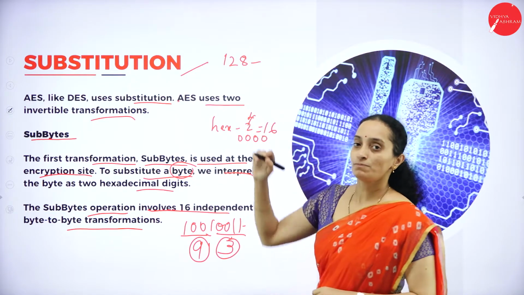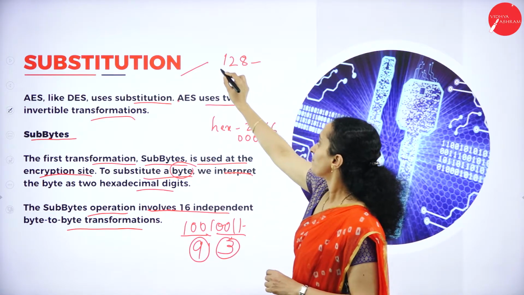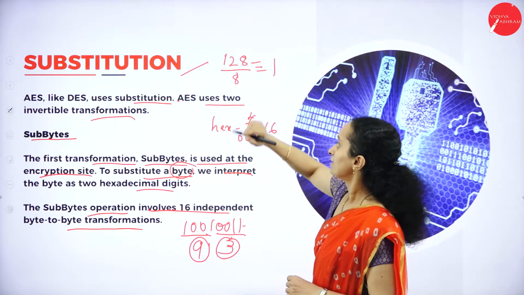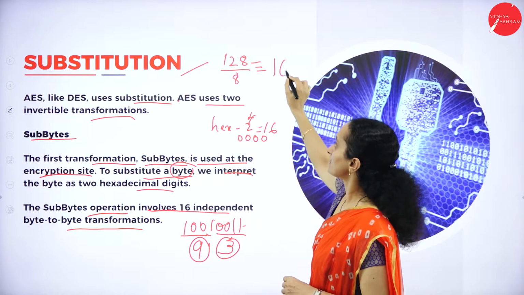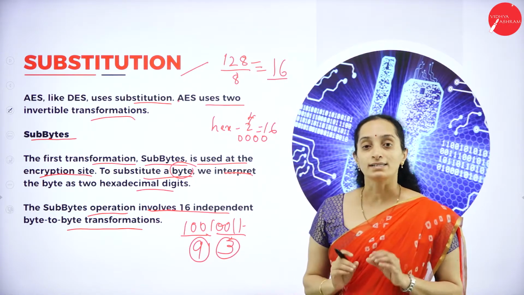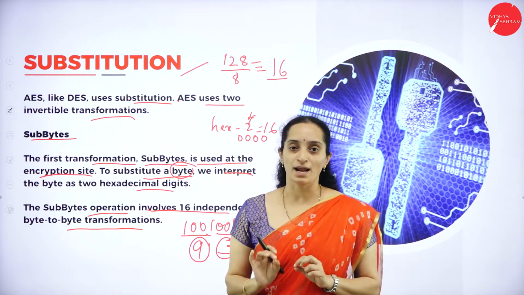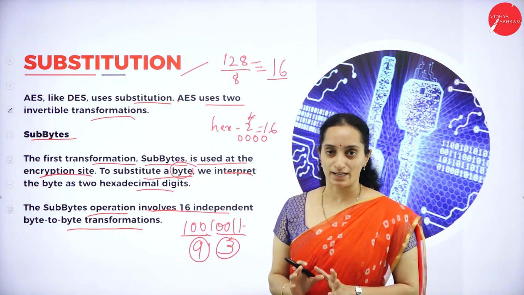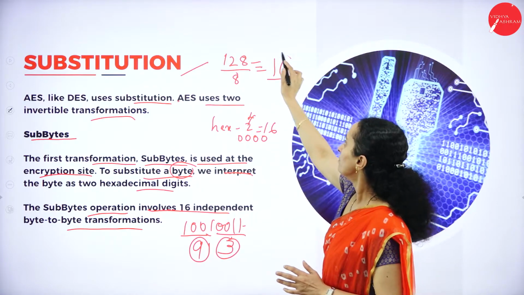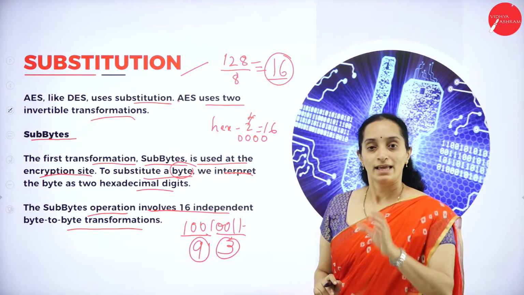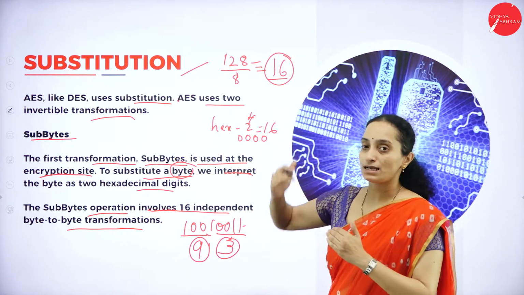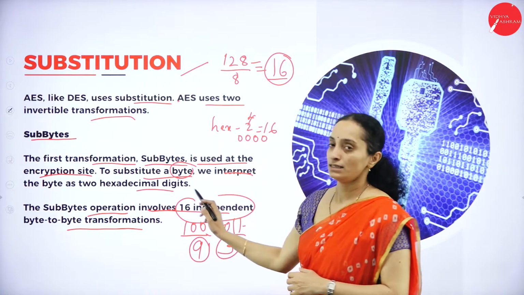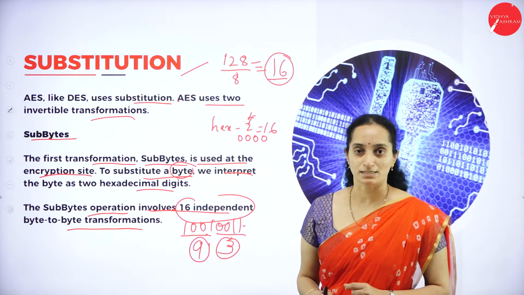If you divide it into bytes by 8, you will get 16. That means you can transform 128 bits of data or plain text into 16 bytes. These 16 bytes are transformed to some other bytes in 16 independent transformation steps.